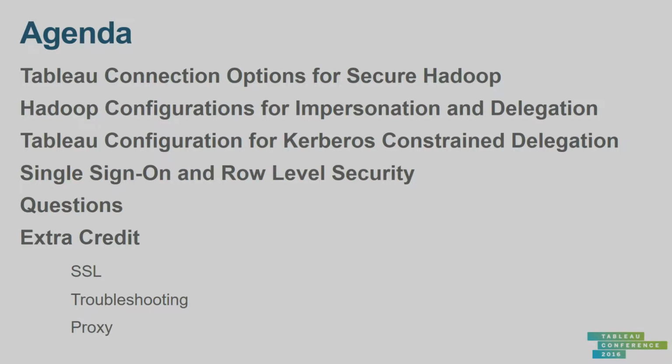And if we have enough time and we want to dig a little deeper, we can talk about SSL and how to troubleshoot a connection if you haven't already gone through that process, and even how to do proxying. Most of the time I'm going to be talking about using Cloudera as an example. I've got a little example of Hortonworks, but there are variants on each of the Hadoop distributions. But we'll talk a little bit about how to enable a proxy for Impala, for example.